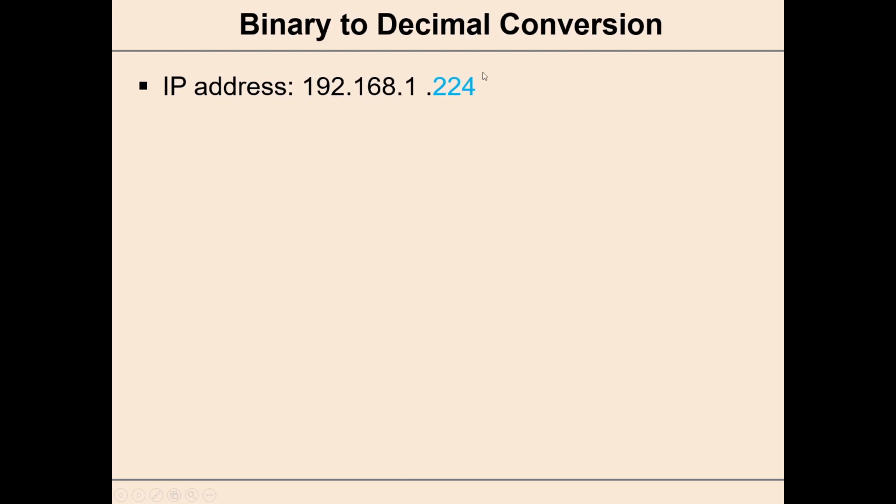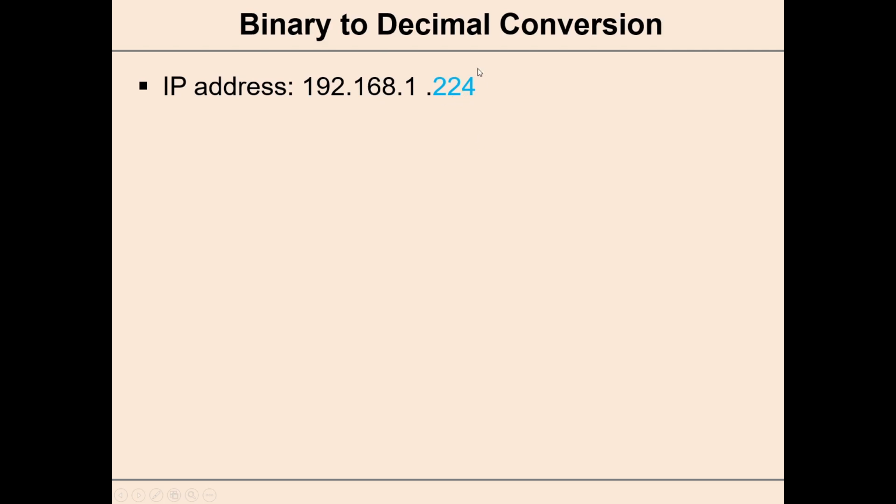Each decimal number is called an octet. Each octet is represented by 8 bits binary. So we need to be able to convert any octet to 8 bits binary, and vice versa, convert 8 bits binary back to the dotted decimal number.